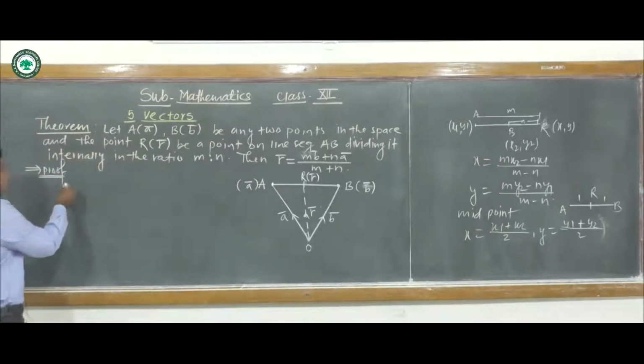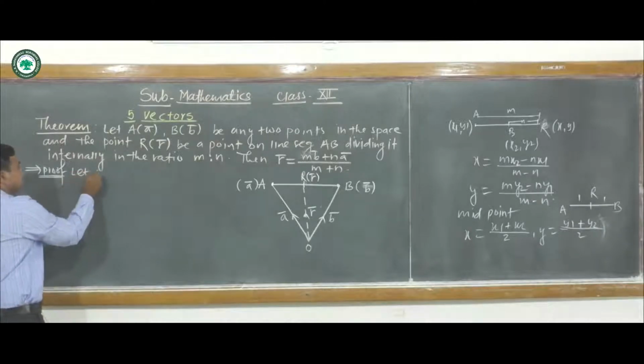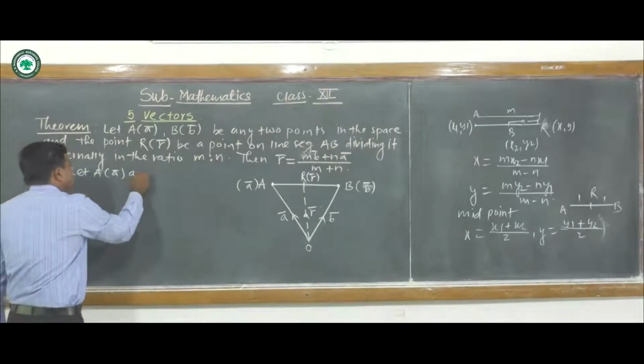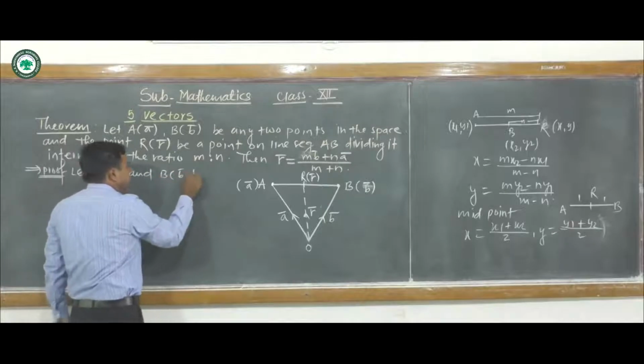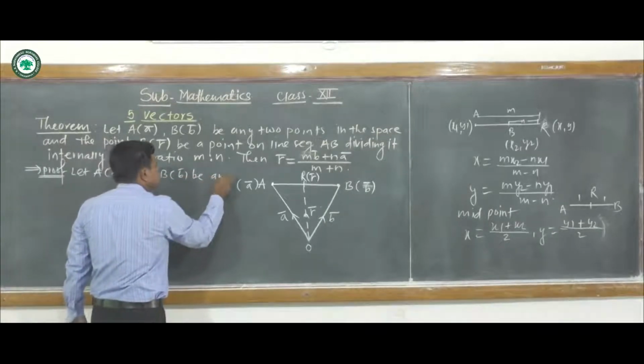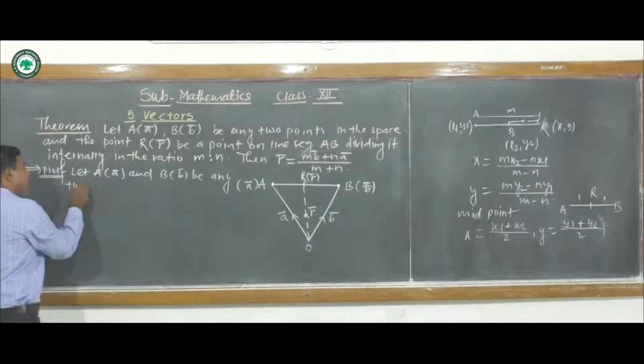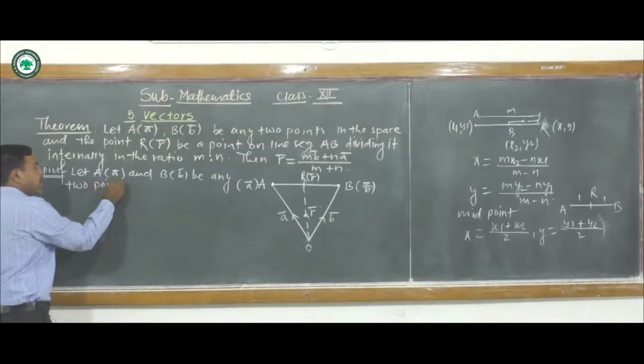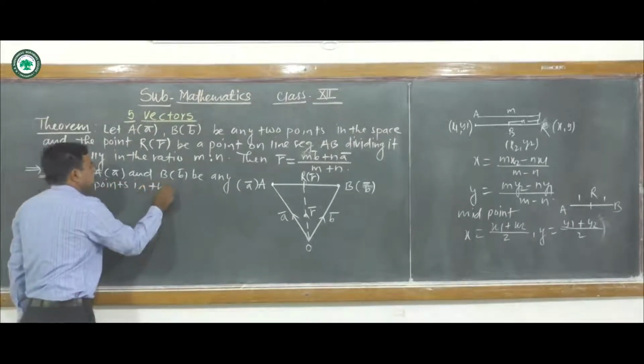See, let A with a bar and point B with b bar be any 2 points in this space.